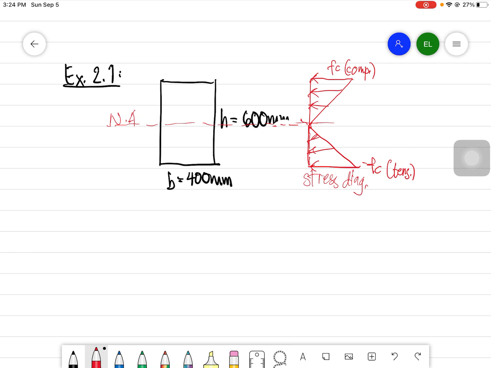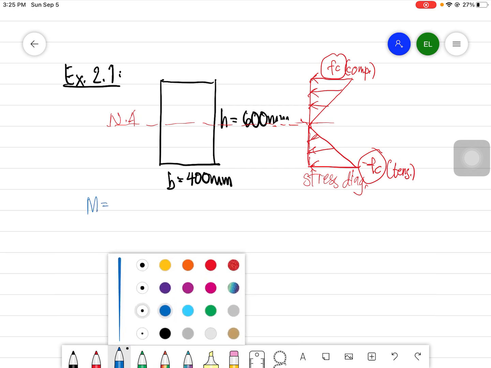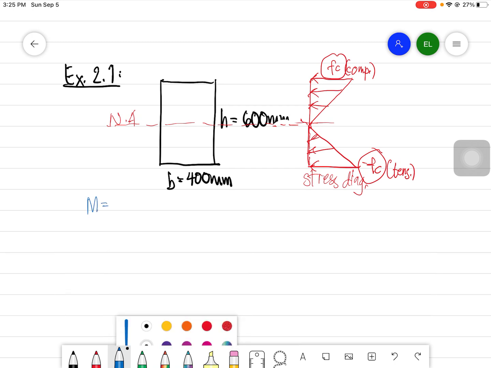So in order to get this FC here, this is the requirement, guys, the flexural stress that was mentioned. We have the given moment, which is equal to 70 kilonewton meter.